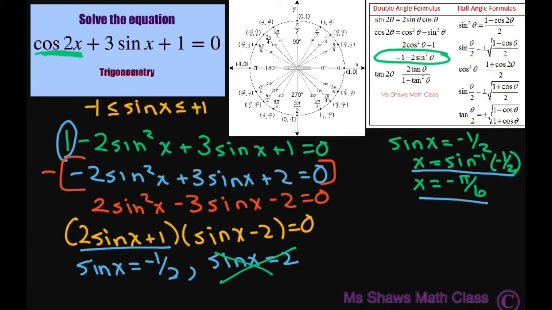But we have to get all values, so we have this negative pi divided by 6 here. So to get all values, the way we want to write this is x equals, and we're going to keep adding pi. So it's going to be some number, let's call it k, times pi plus negative 1 to the power of n times negative pi divided by 6.